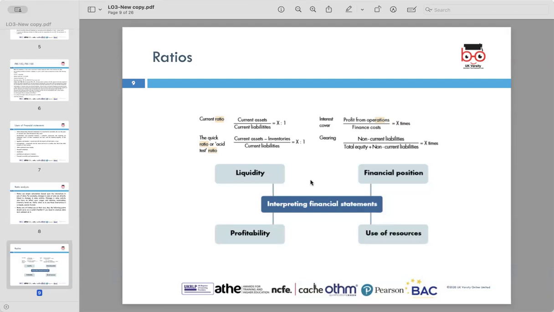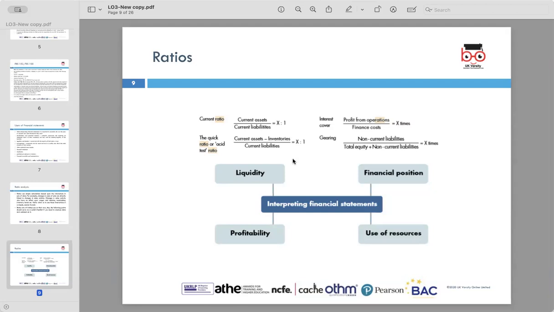Current ratio, as you can see here, basically measures a company's ability to pay off its short-term liabilities with its short-term assets. A higher ratio indicates a better ability to cover short-term obligations.